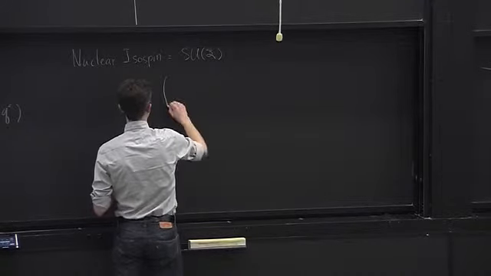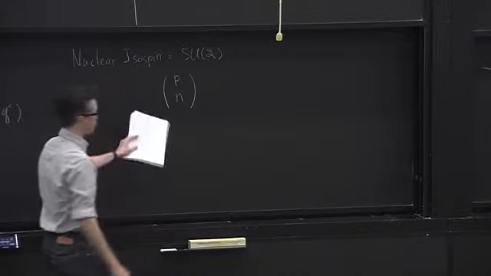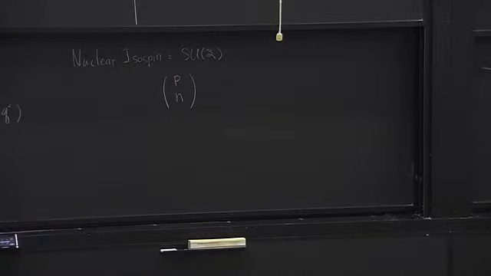And you have a doublet with a proton and a neutron in it. And here we're combining proton and neutron stuff. And the point is this A0 corresponds to a singlet. And this corresponds to a triplet under the nuclear isospin.